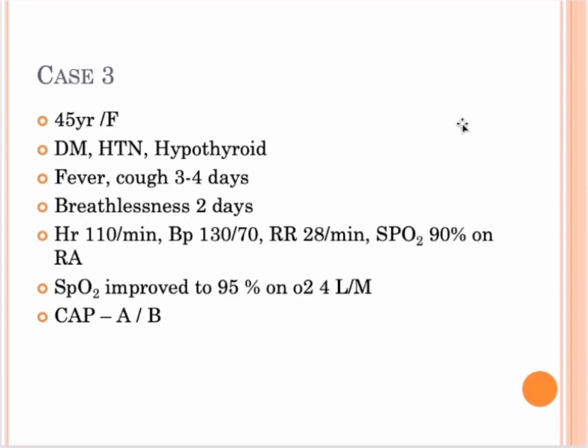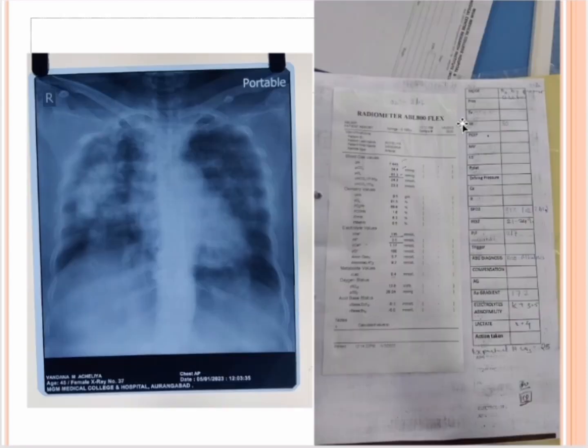Oxygen saturation was 90 on room air, which improved to some extent on 2 to 4 liters of oxygen per minute. Looks like viral pneumonia or community-acquired pneumonia on the history and probably on X-ray. Again, if we do an ABG, we have hypoxemia obvious on the blood gas.